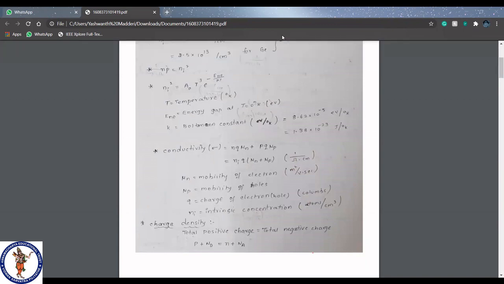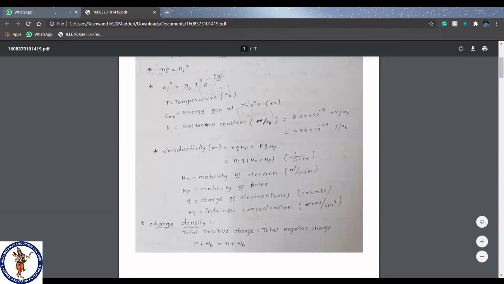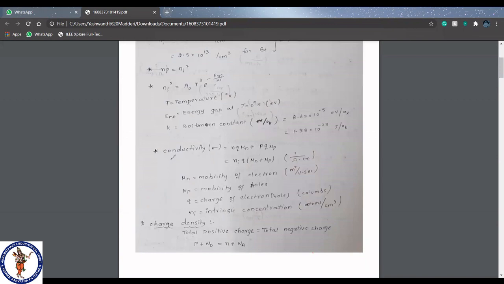Now, conductivity. We have seen the definition of conductivity in the last class. We will go through it once again. It is n q mu n plus p q mu p.